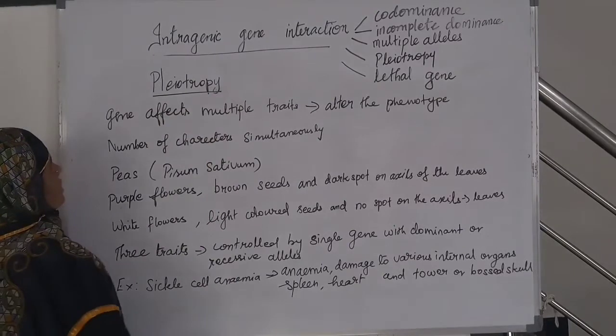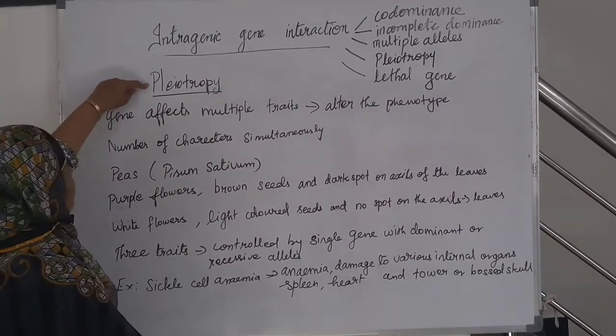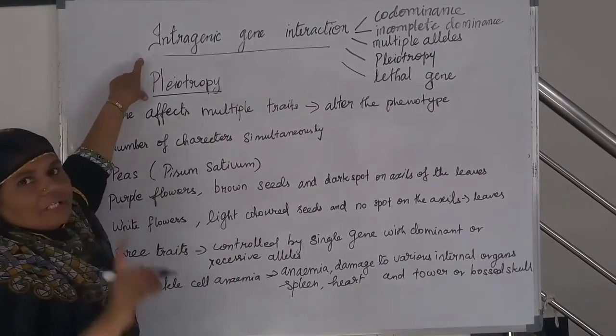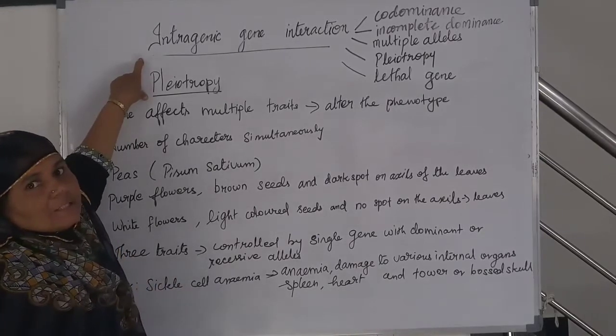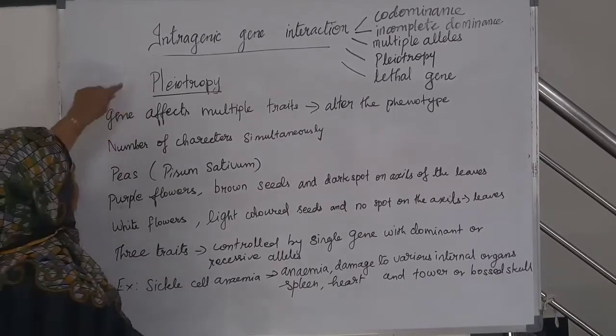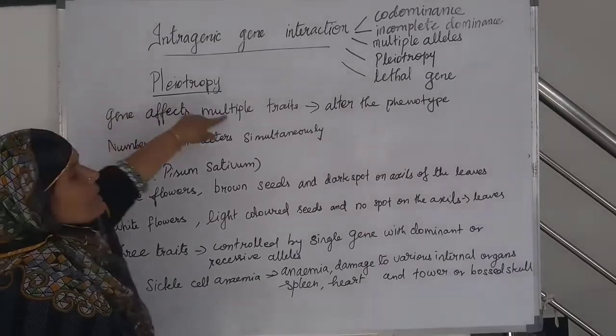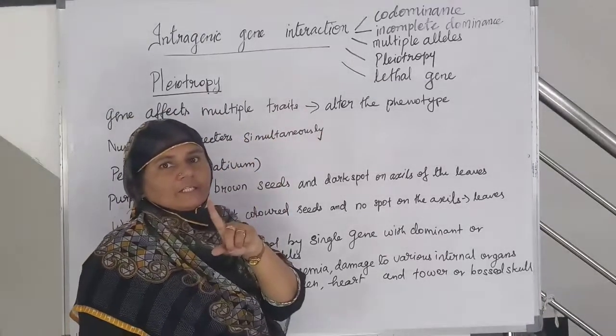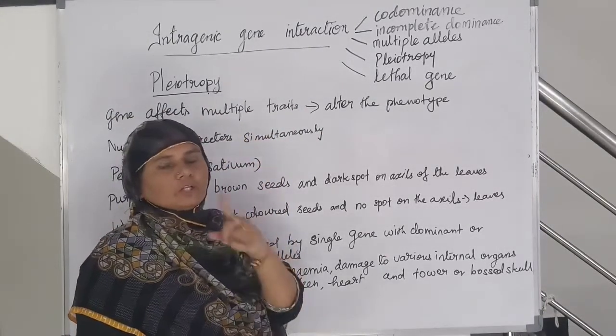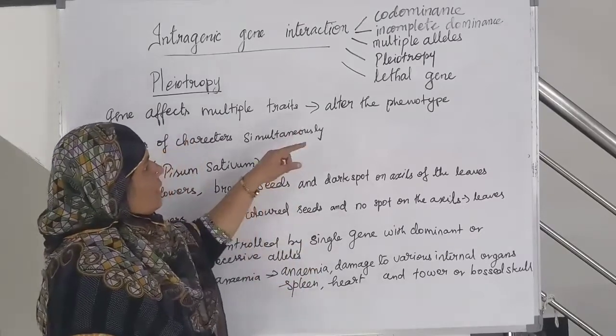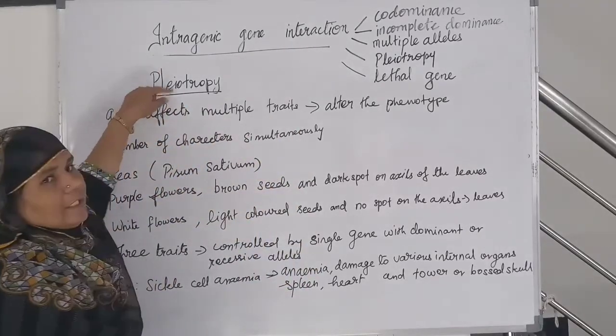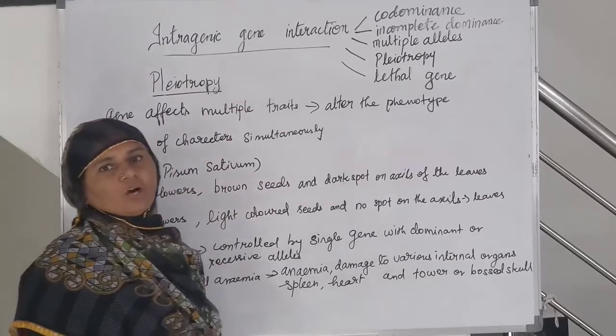Students, now we are going to see pleiotropy. Pleiotropy means when a single gene causes many effects, that means the gene affects multiple traits, not only one character. Many characters are controlled by a single gene, that is called pleiotropy. It alters the phenotype of the organism.